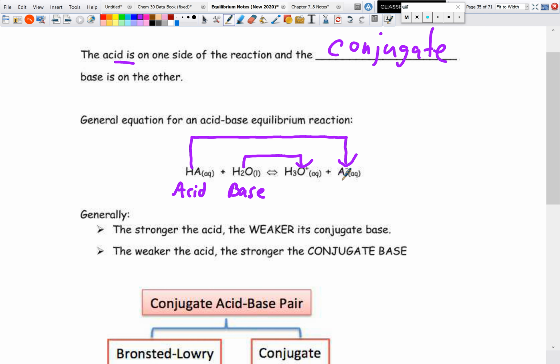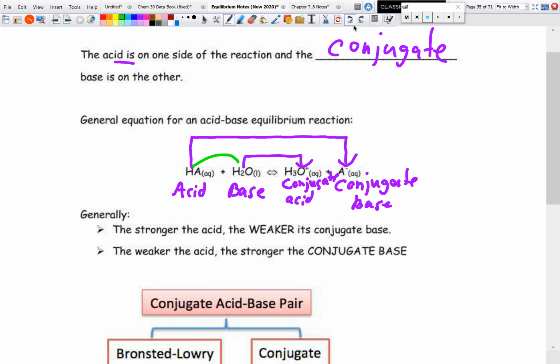If we look at the reverse reaction, this is acting as the conjugate base, whereas the H3O+ is going to be the conjugate acid. In the forward reaction, the hydrogen goes from the acid to here, acid and base, but because we're referring to the reverse reaction, that's where we use the word conjugate. So acid and base refer to the forward reaction, conjugate refers to the reverse reaction.